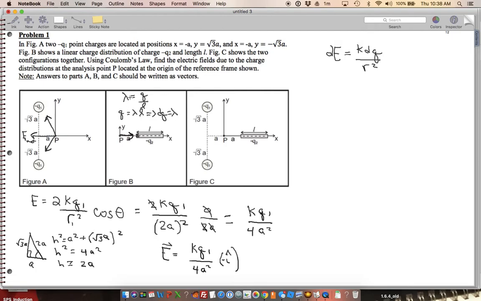Lambda always stays the same, right? So I'm moving in the x direction just a little bit at a time, and I can substitute dq equal to lambda dx.